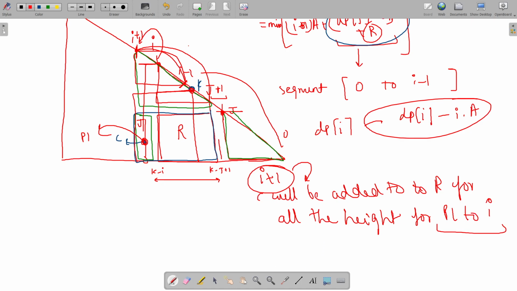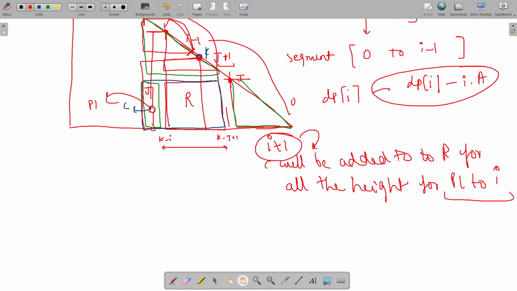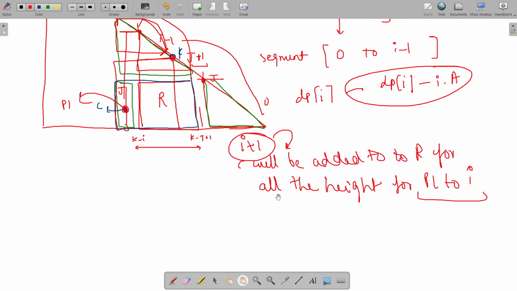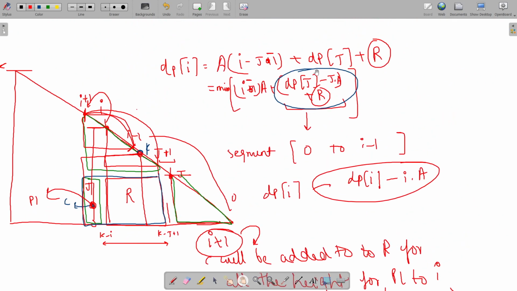So you will need to update the segment tree with this cost, but only the segment tree storing this value.